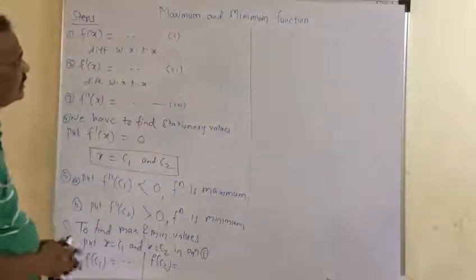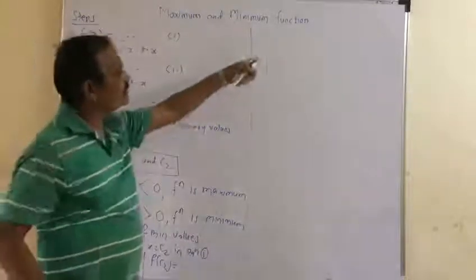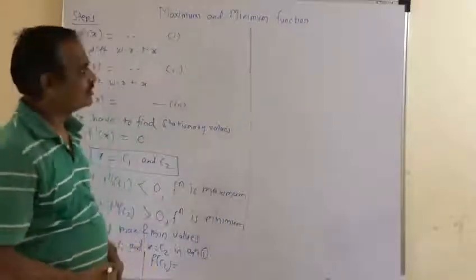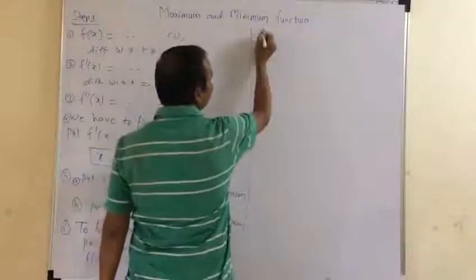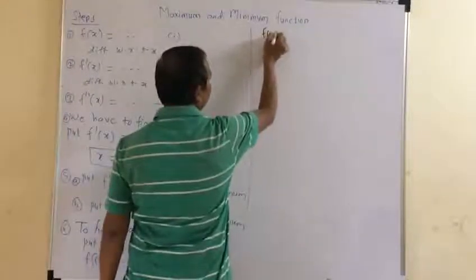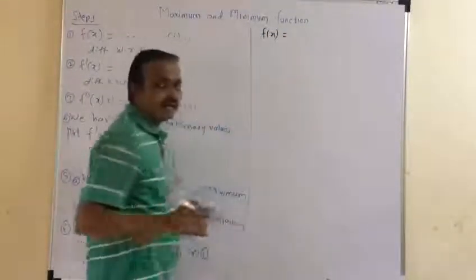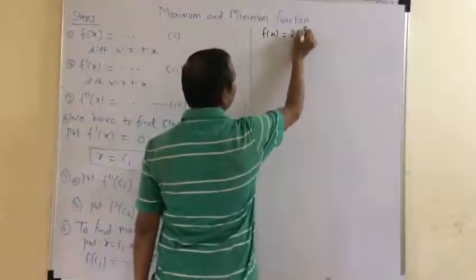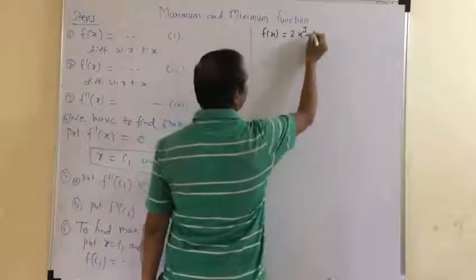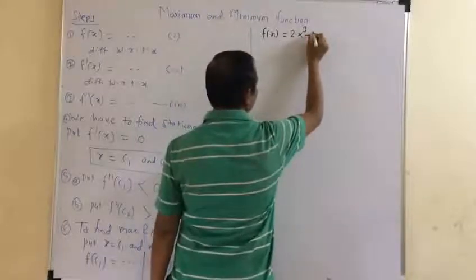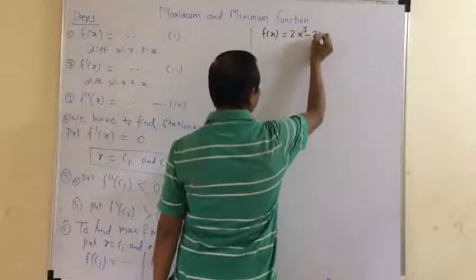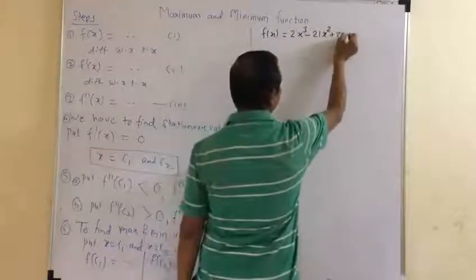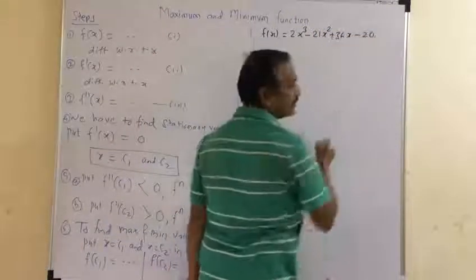Now for this given function, we find the maximum and minimum values. Now suppose we have to find the maximum and minimum values of the function 2x cube minus 21x square plus 36x minus 20.